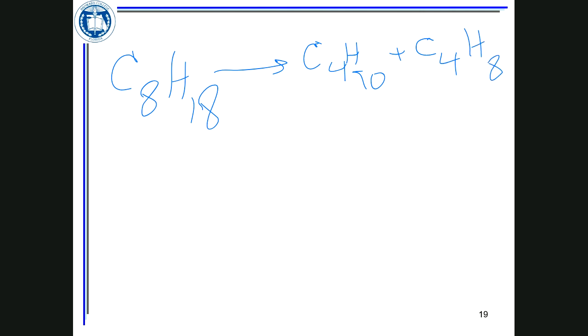So if you have a C4H10, you're going to have a saturated hydrocarbon here, 1, 2, 3, 4 carbon with 10 hydrogen. And if you have 4 carbon with 8 hydrogen only, this must have one double bond. So if you do cracking reaction, you don't provide any hydrogen when you are breaking the carbon-carbon bond for alkane.